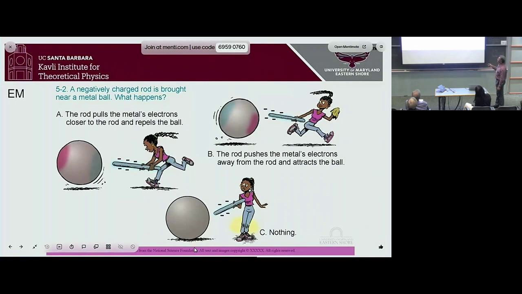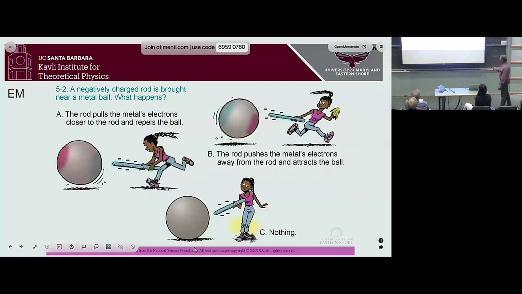The rod pulls the metal's electrons closer to the rod and repels the ball because it will become an induced dipole, isn't it? This is exactly what happens when you rub a balloon on your sweater and bring it close to the wall. The wall attracts it because it induces a dipole of the wall molecules, right?